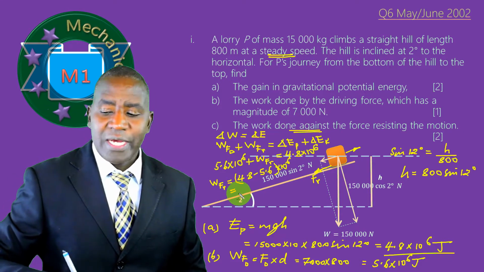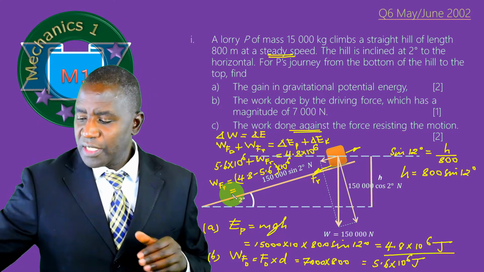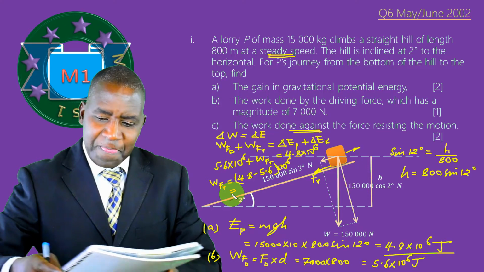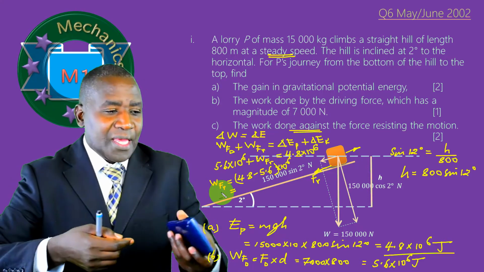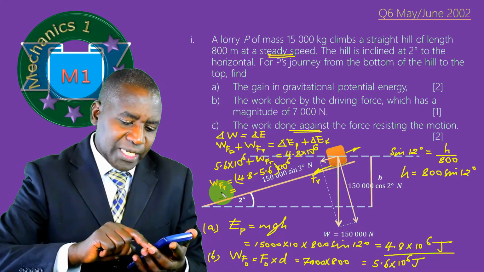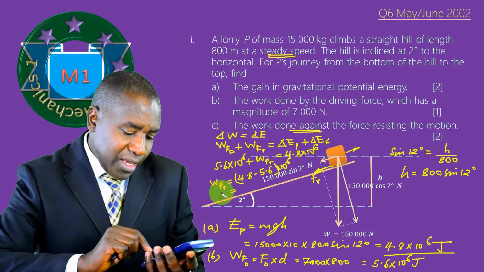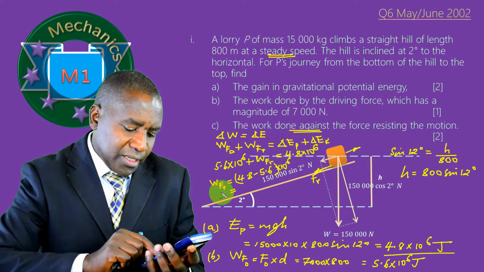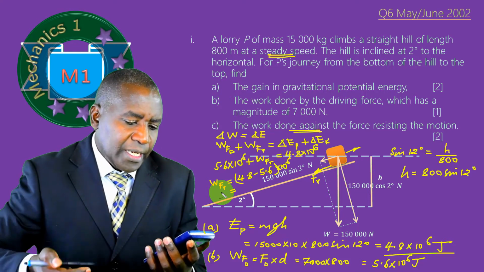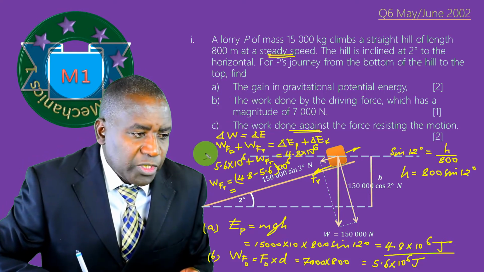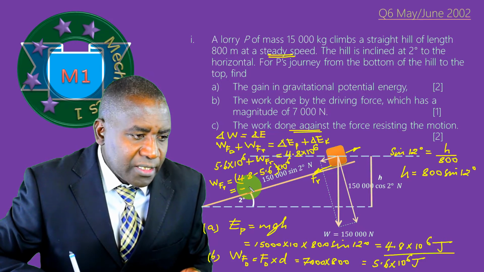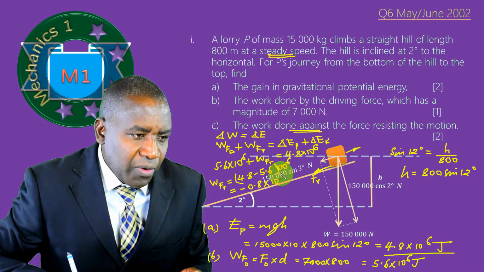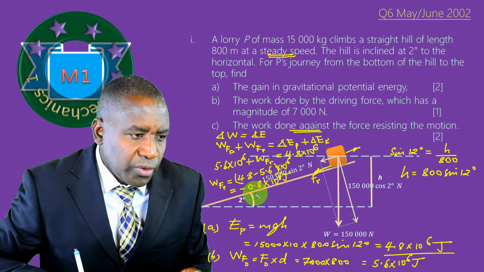Let me confirm using my calculator because I can see that is where I reached. It will be 4.8 minus 5.6, and I get minus 0.8 by 10 raised to power 6 joules.